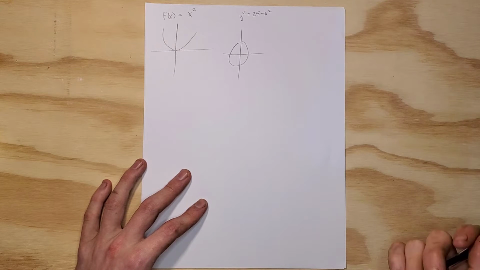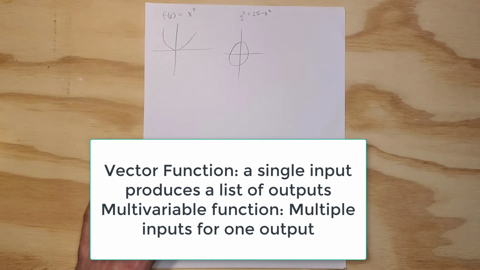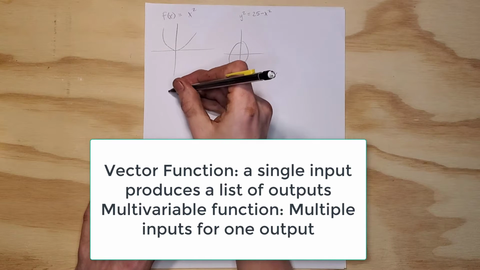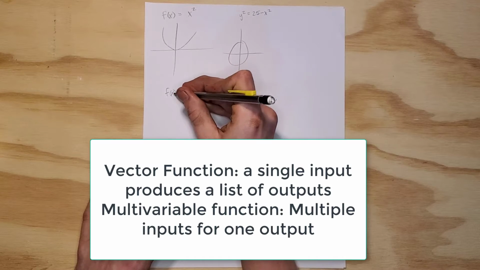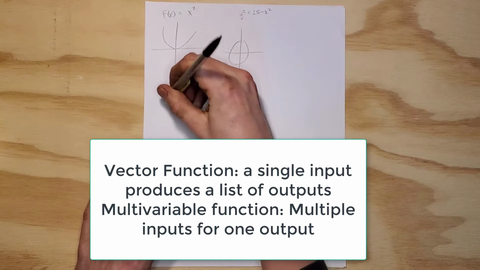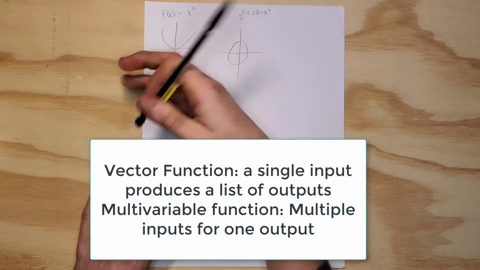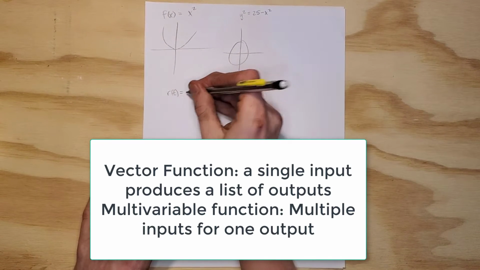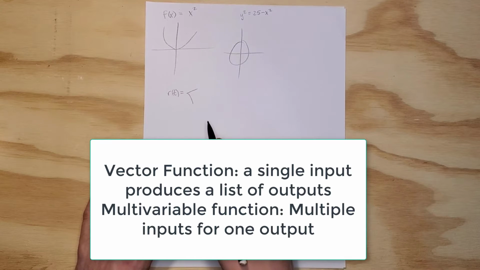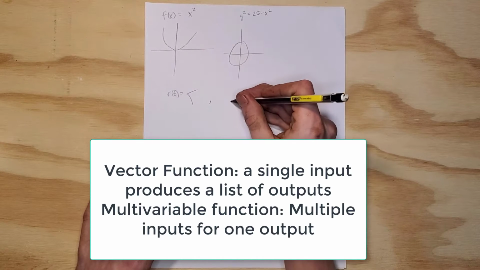In calculus 3, vector calculus and multivariable calculus, functions can now be vector valued functions, where you have f of x or f of t, or even r of t is a more common notation. And it will be a vector or a list of components of functions.